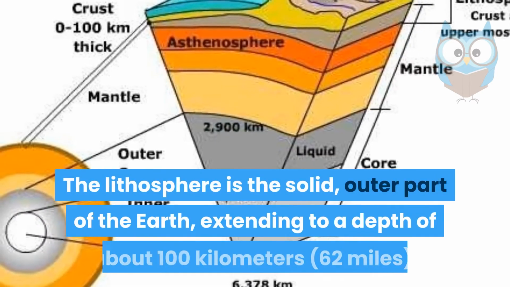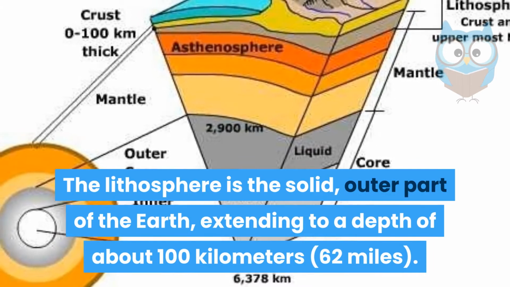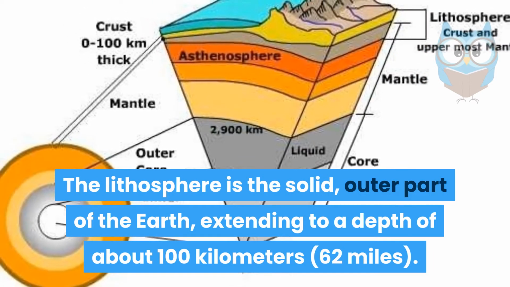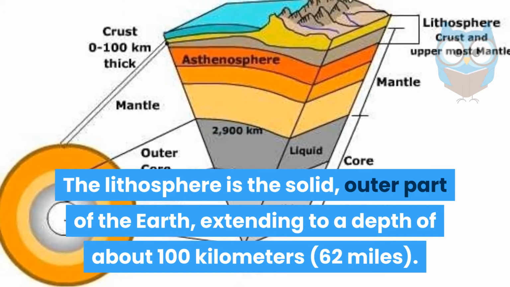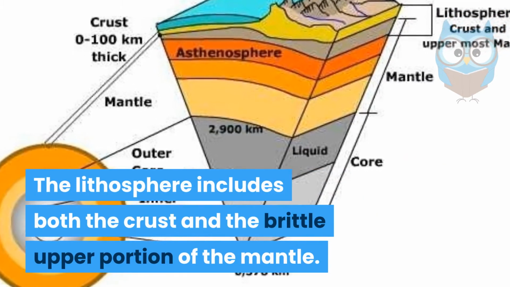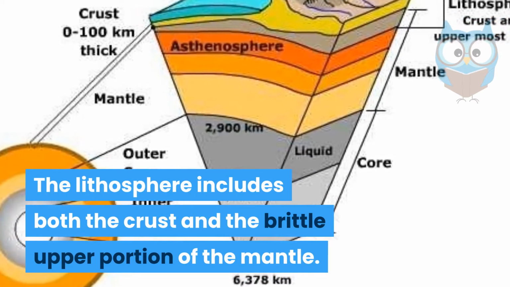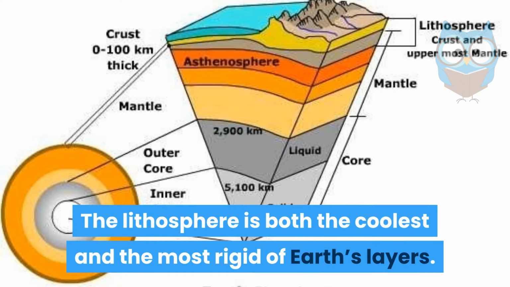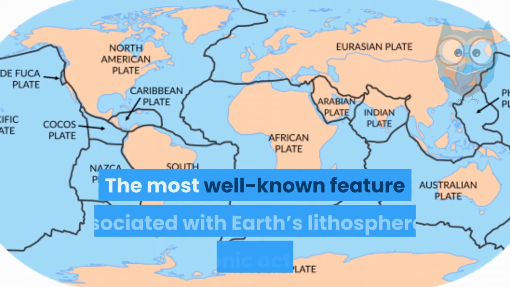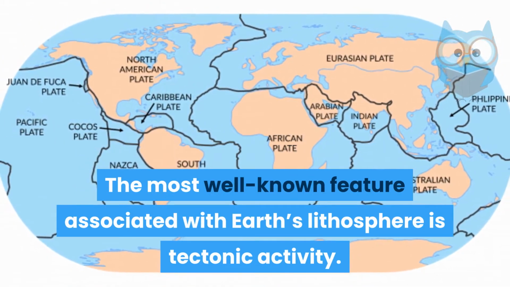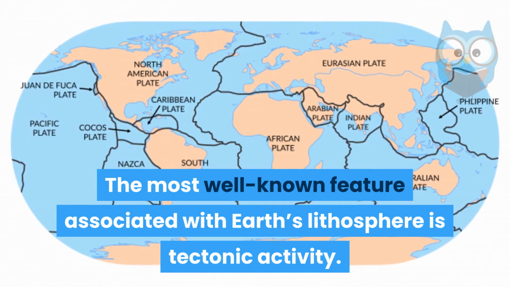The lithosphere is the solid, outer part of the Earth, extending to a depth of about 100 kilometers (62 miles). It includes both the crust and the brittle upper portion of the mantle. The lithosphere is both the coolest and the most rigid of Earth's layers. The most well-known feature associated with Earth's lithosphere is tectonic activity.